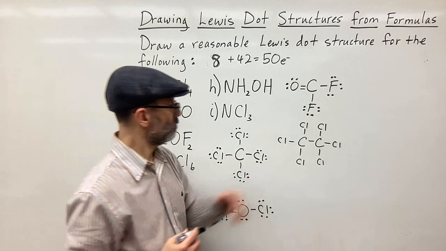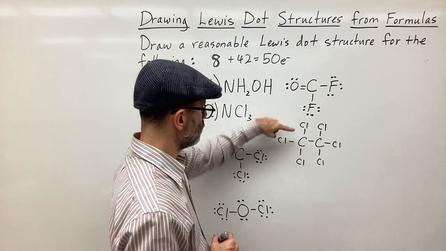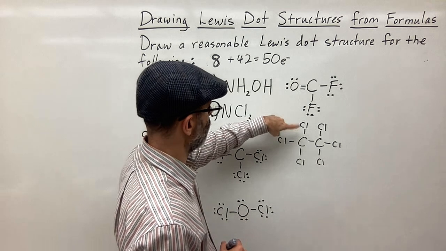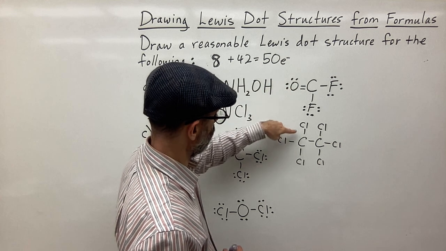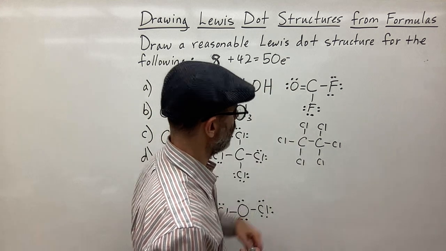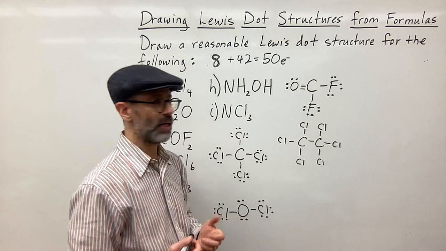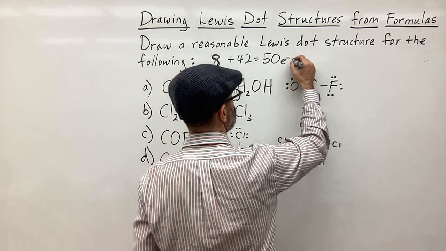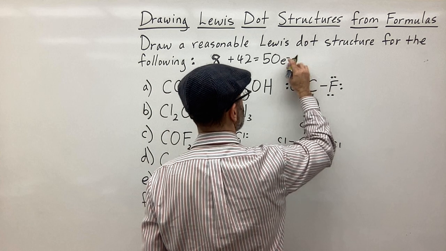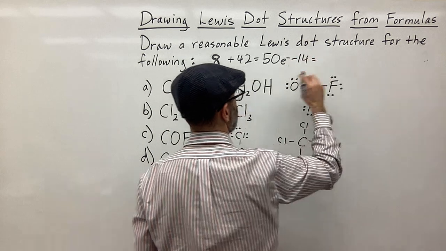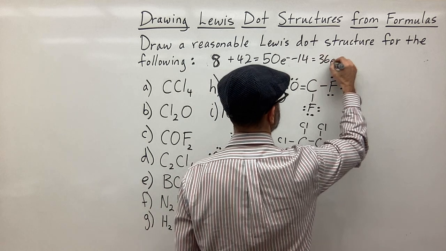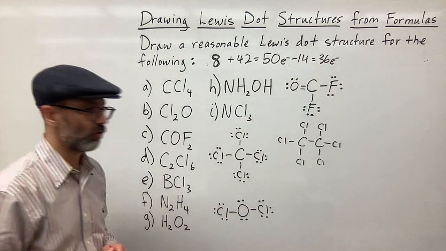Okay, so now that I have that done, I'm going to subtract out the electrons. So I have 1, 2, 3, 4, 5, 6, 7 bonds, 2 electrons each. That's 14. So I'm going to subtract out 14 electrons, and that's going to be 36. So I have 36 electrons left over.